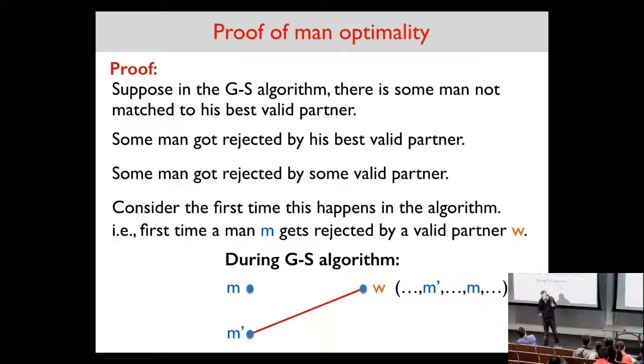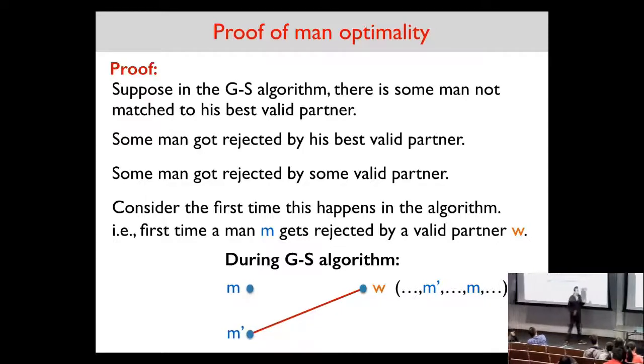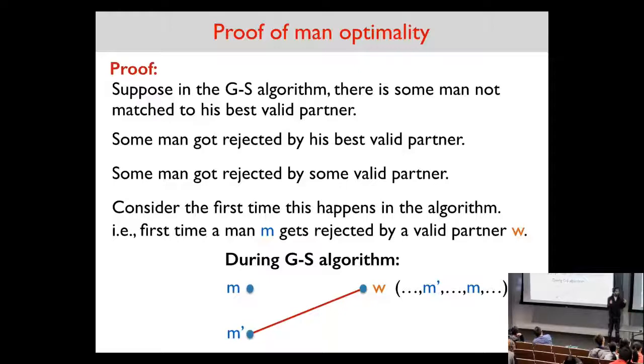So the first case is that M and W are matched, okay? During the algorithm, they get matched. But then W gets a better offer and then dumps M. So that's one case. The other case is W is already matched with a better partner M prime, and M proposes, but W says, I'm sorry, I'm already matched with a better partner.